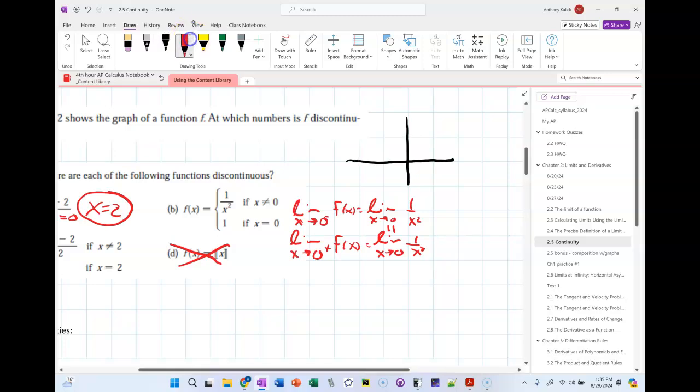Do you remember what the graph of 1 over x squared looks like? How about just 1 over x then? One over x would look like this, right? 1 over x squared is just going to look like a steeper version, but you're going to be stuck on the positive side of the x-axis because it's x squared.